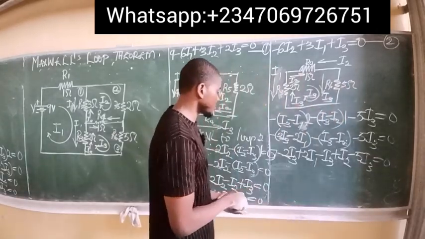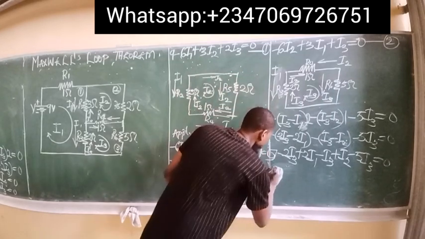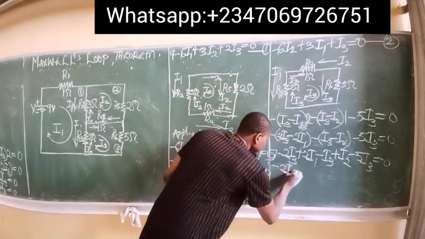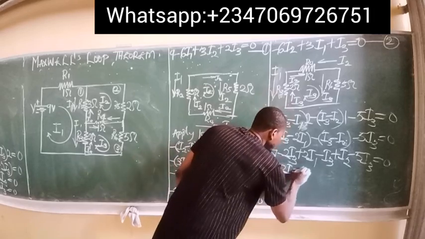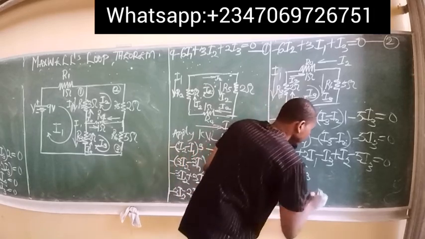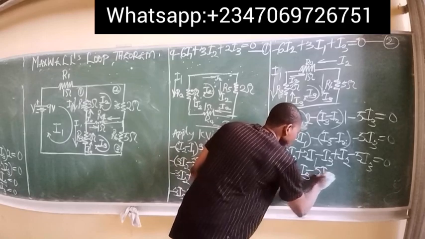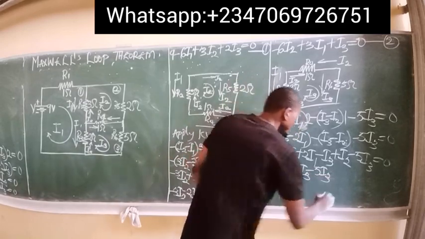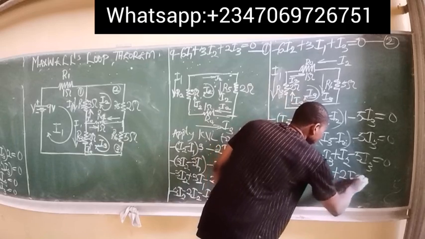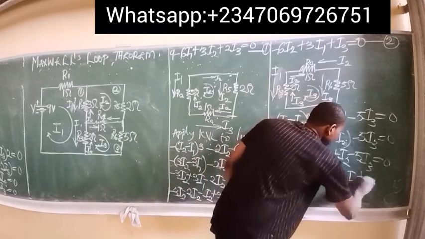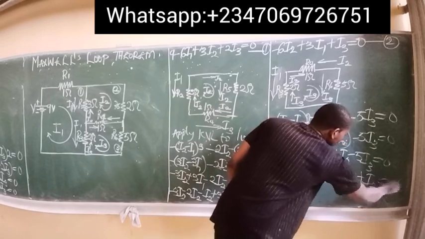So let's collect like terms in I3. I have minus 2I3, minus I3, minus 5I3, plus 2I1, plus I2 equals 0.